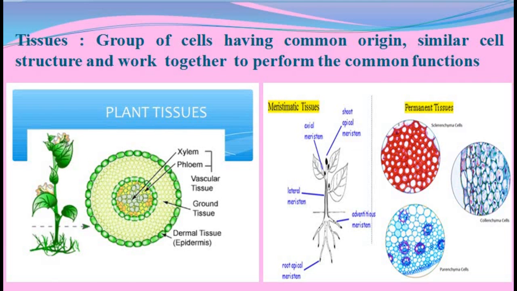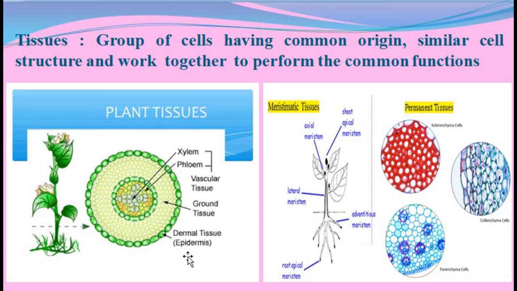In this picture, we can see some tissues like xylem and phloem, which form the vascular tissues, which generally help in conduction of water and food, whereas the ground tissues, which include parenchyma, collenchyma, and sclerenchyma cells, generally help in storing food and giving mechanical support to the plant body.